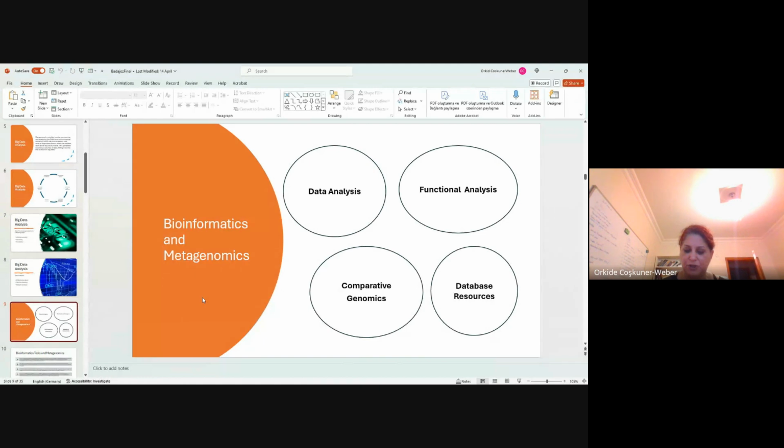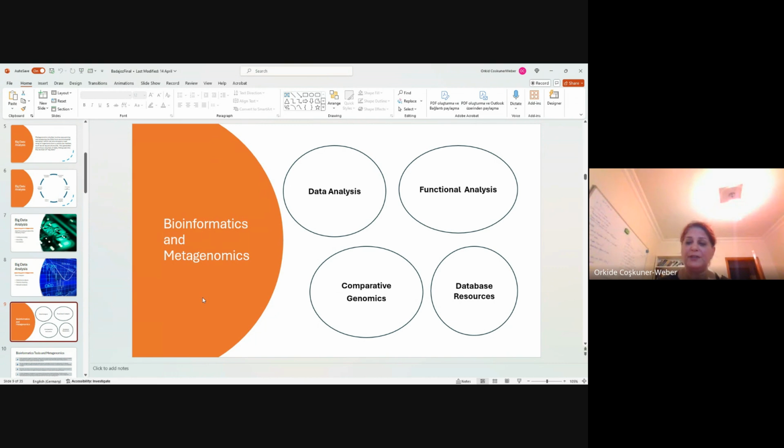This information is necessary for understanding the ecological roles of microorganisms, their interactions, and their impact on the environment. Furthermore, bioinformatics is instrumental in conducting comparative analysis of metagenomics datasets from different samples or environments.